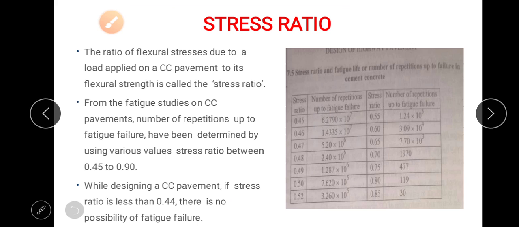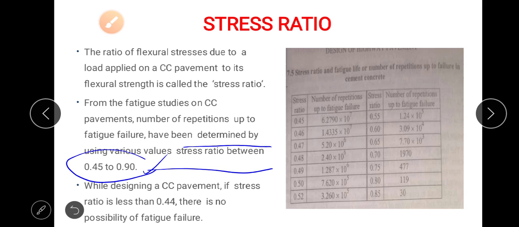The ratio of the flexural stress due to a load applied on a cement concrete pavement to its flexural strength is called the stress ratio. From the fatigue studies on cement concrete pavements, the number of repetitions up to fatigue failure has been determined using various values of stress ratio between 0.45 and 0.9.